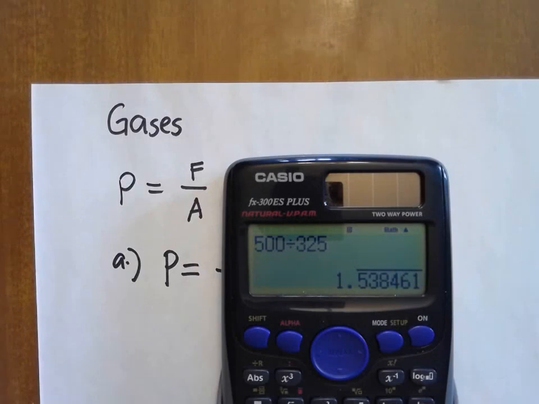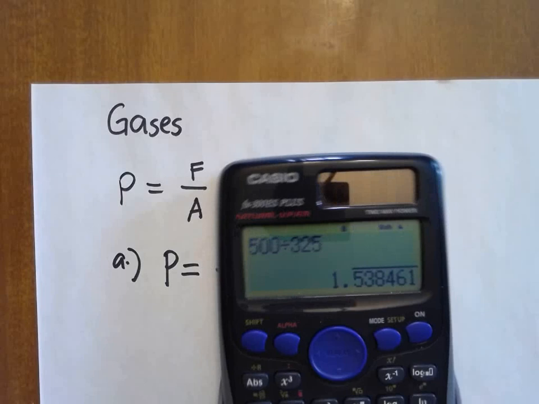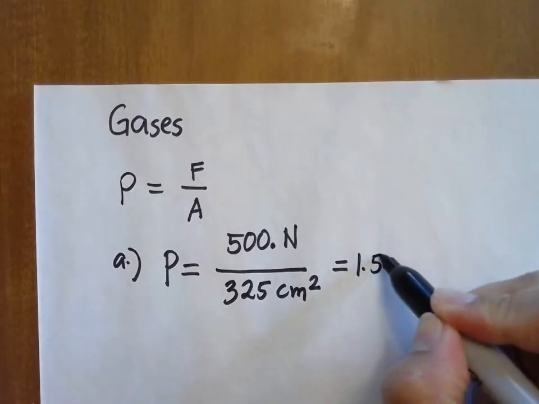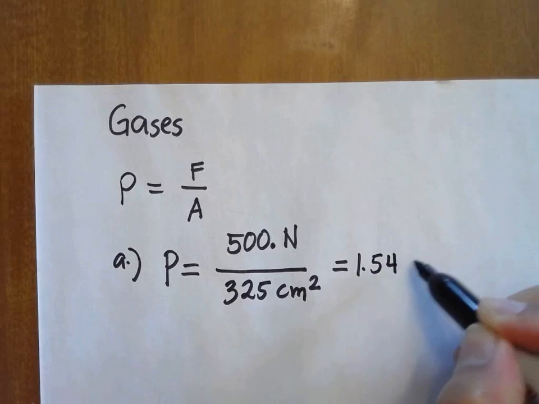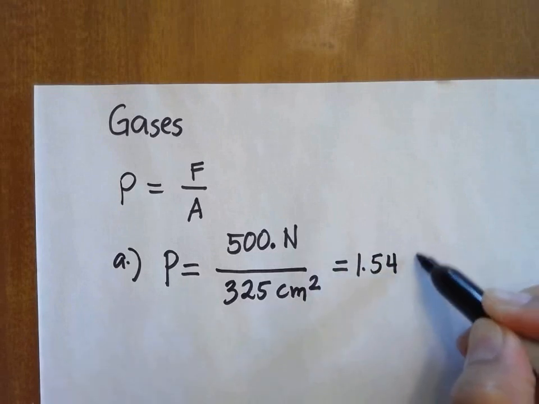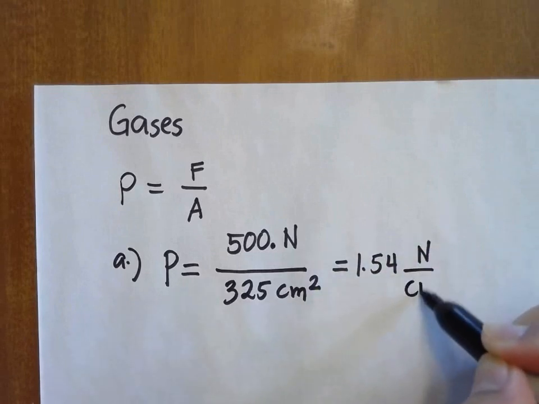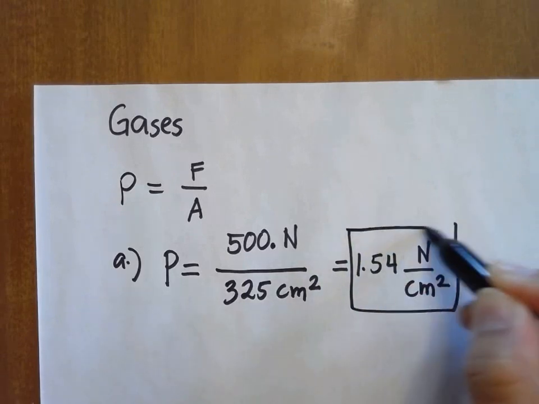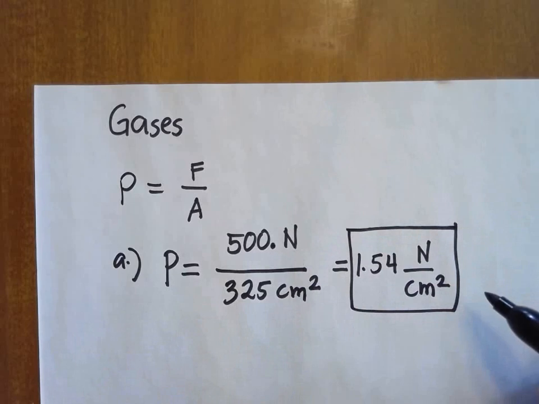Okay, and go ahead and round this to three significant figures. So we have 1.54, and then the unit is newton over centimeter squared. So you just have to copy these two units.